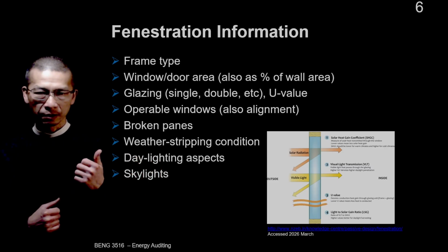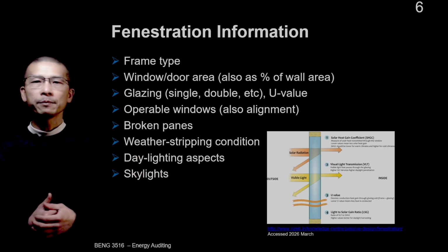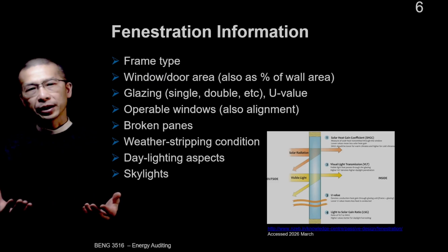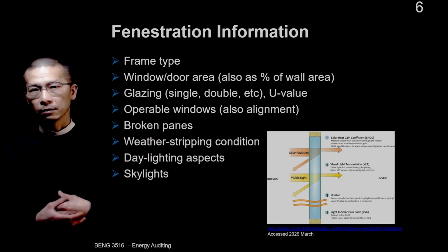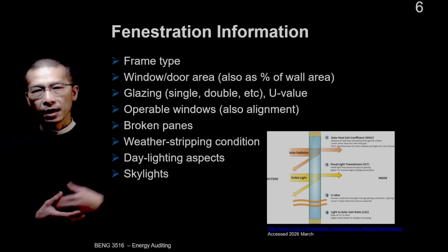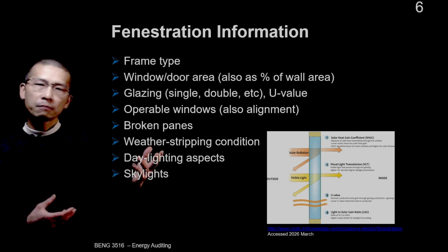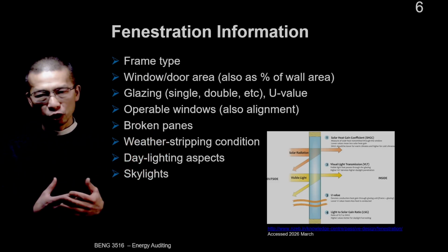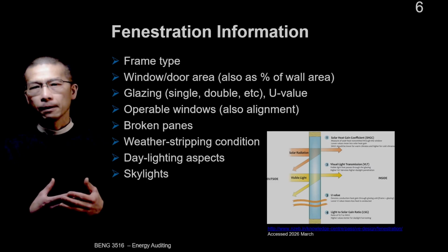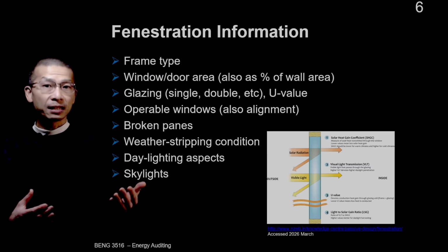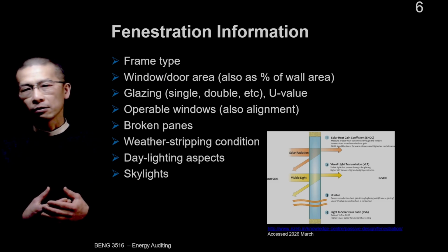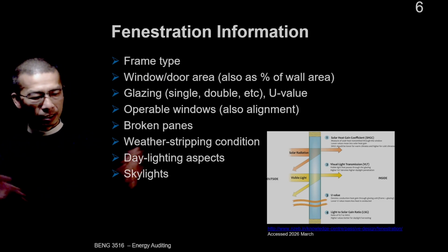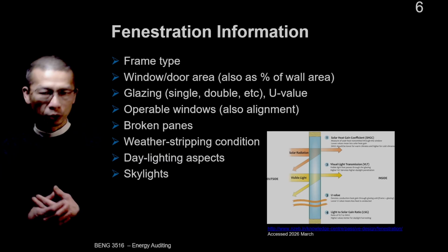First, let's look at the frame type. A metal frame without thermal break acts as a thermal bridge. We then also measure the window to wall ratio. A building with say 80% glass will have a very different energy profile than one with 20% window to wall ratio.